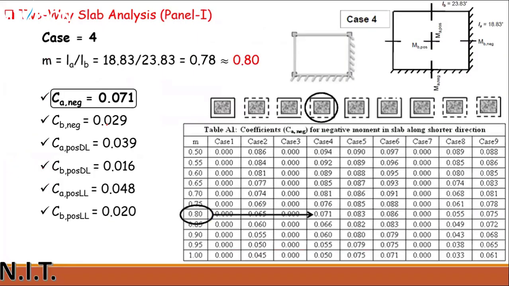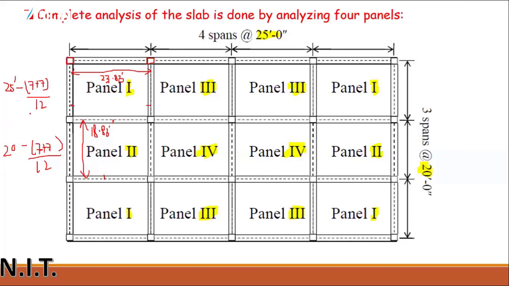Okay, now that you have already used this method, we can solve our numerical for panel 1. Panel 1, as you can see, this is the LB side, or let me use another color. This is the LB side of the panel and this is the LA side of the panel.